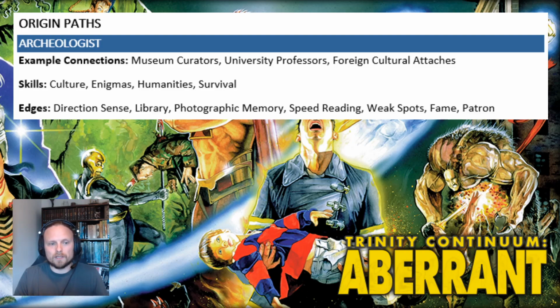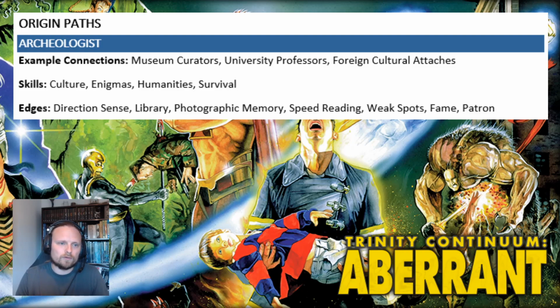Some of these you can have at 1 dot up to 5 dots, but when you choose these, you always go for the maximum. I think patron goes quite high, and so the cost of choosing that as an edge for the origin path is the maximum cost you could pay for that background.